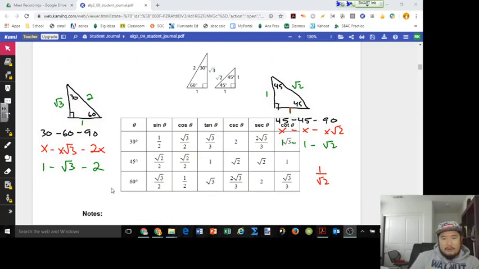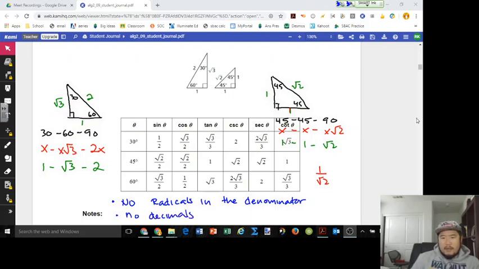So adding a few notes right here, in case you forgot: no radicals in the denominator. And also, we're not going to use decimals, no decimals.